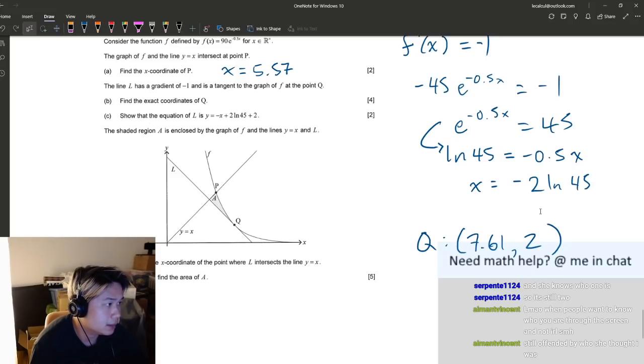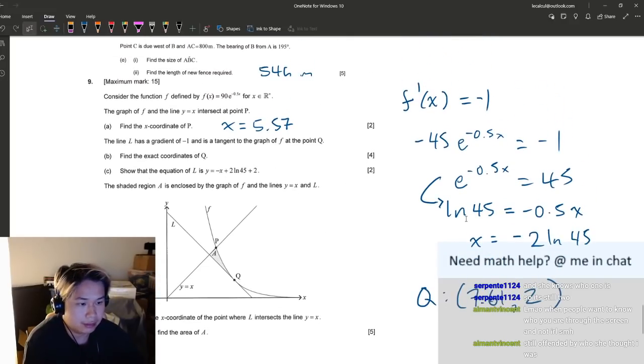And solving for x, this is the x value in exact form, and then this is the decimal, the 3 significant figures of this. Anyways, they want this because we're going to use it to show that the equation of the line is going to be this.